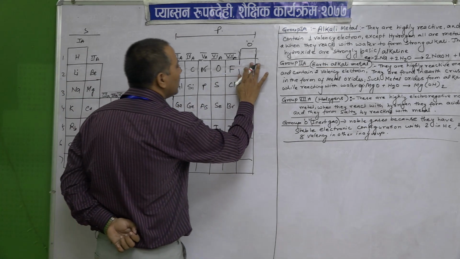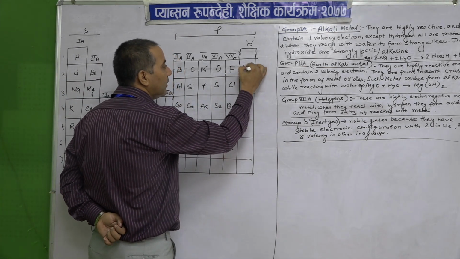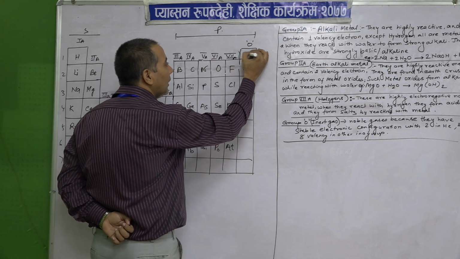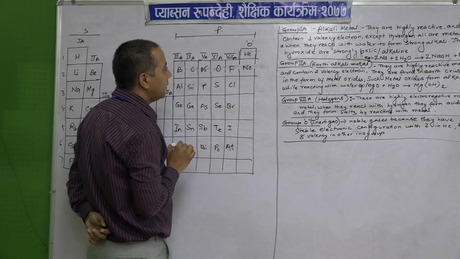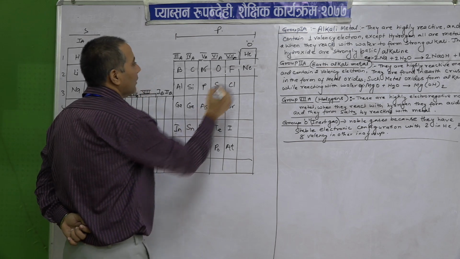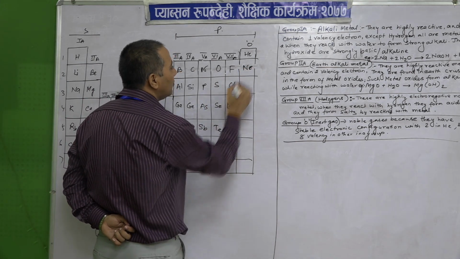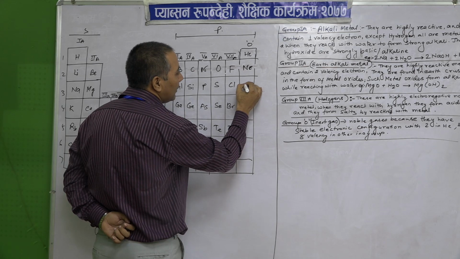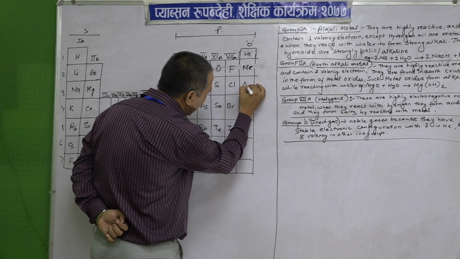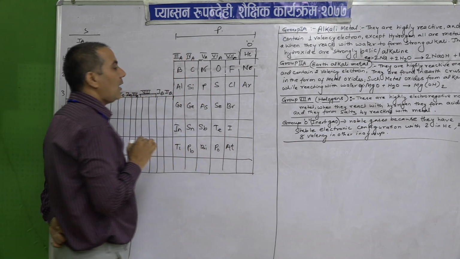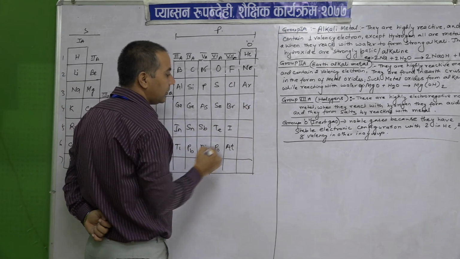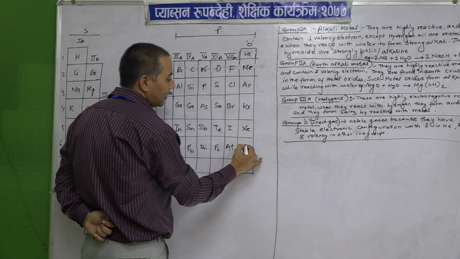Then the other one, group 0. The first one is helium, then neon. So we have made: Hello, Neha, Arju, Krishna, Xerophyte, RNA, for helium, neon, argon, krypton, xenon, radon.